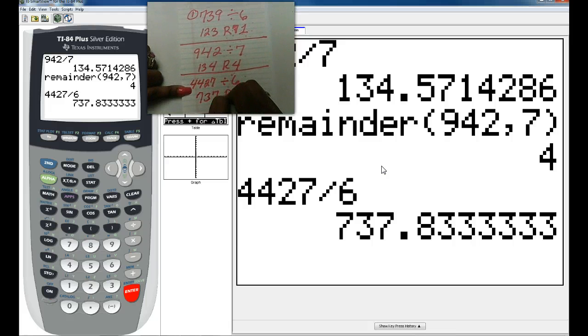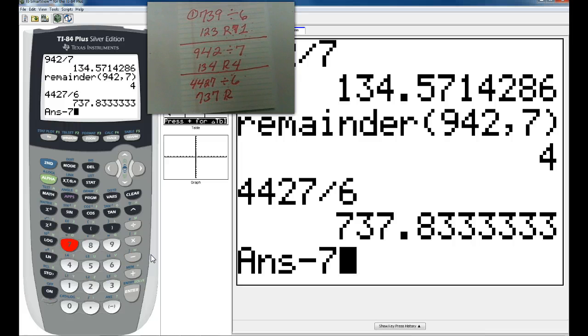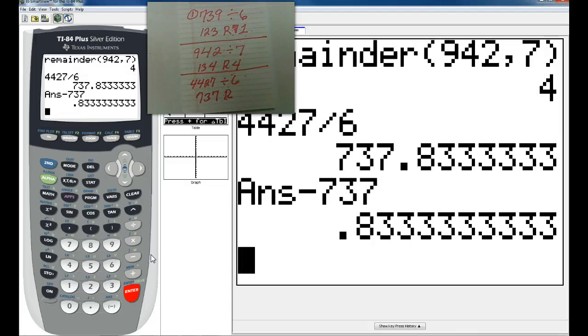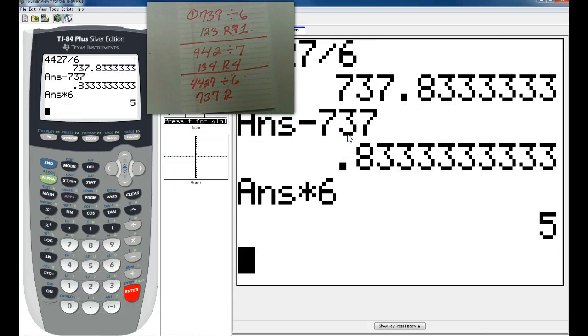And either way, I'm looking for my remainder. Whether I choose to subtract out 737, and then multiply that times the denominator here of 6 and get my remainder of 5.